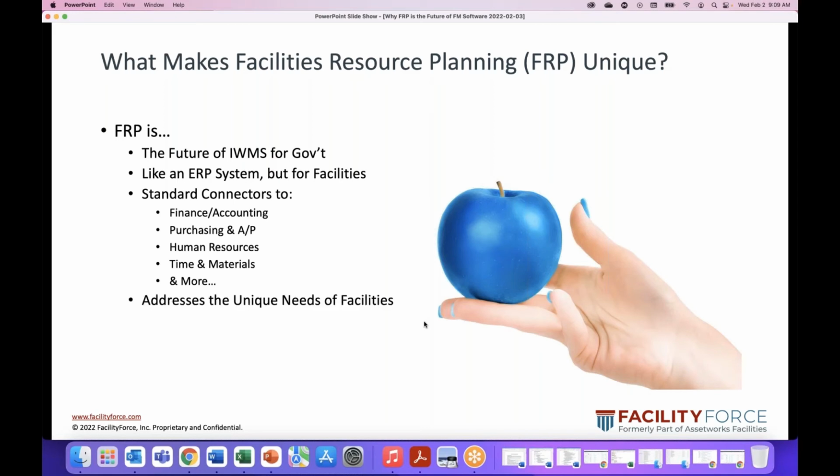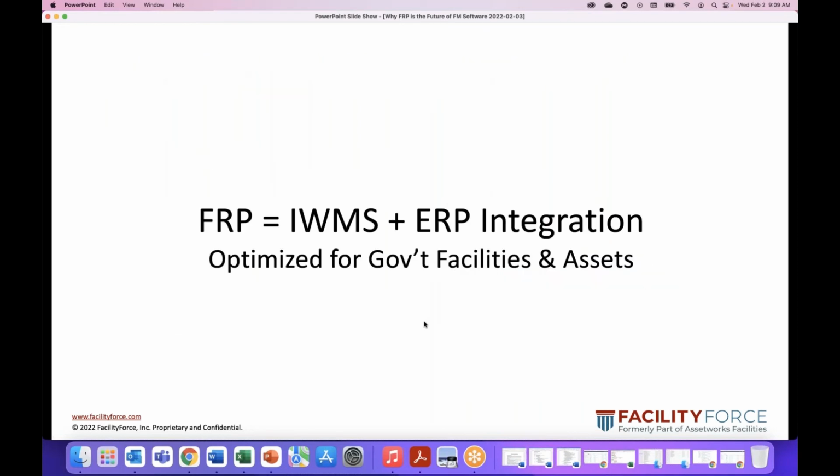It addresses the unique needs of facilities. Purpose-built for government and exclusively from FacilityForce. So to sum that up, FRP is really an IWMS plus that tight ERP integration, all optimized for government, facility, and asset management.